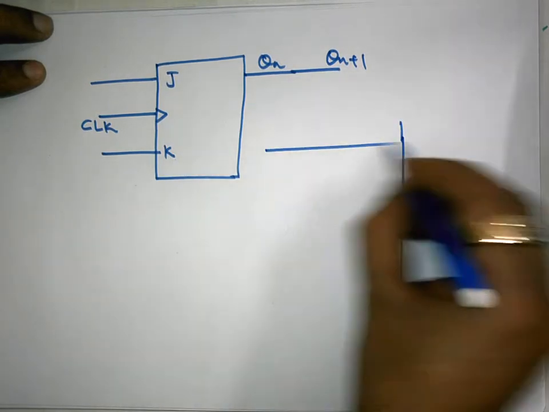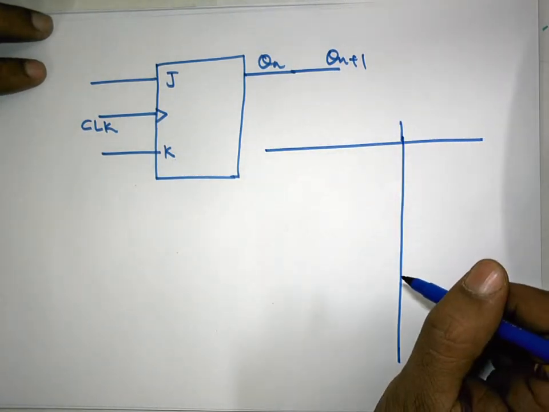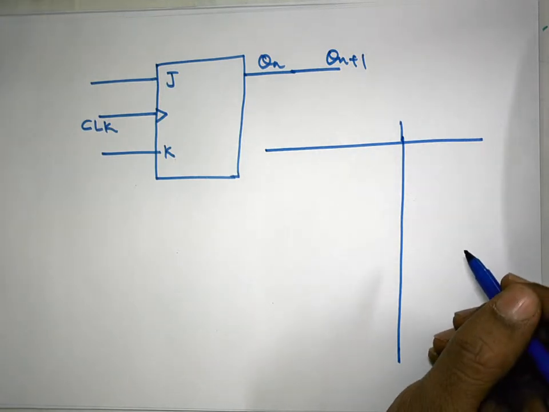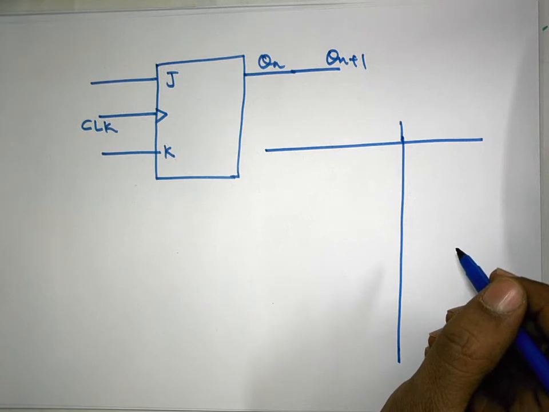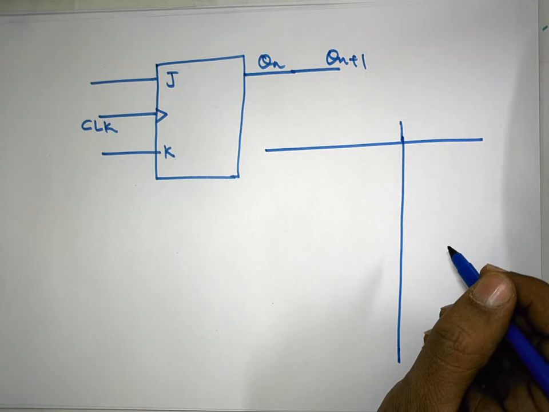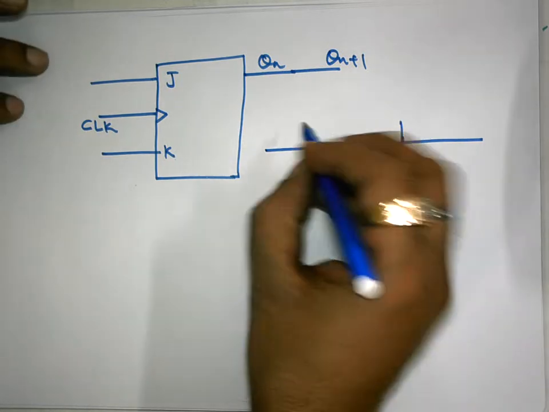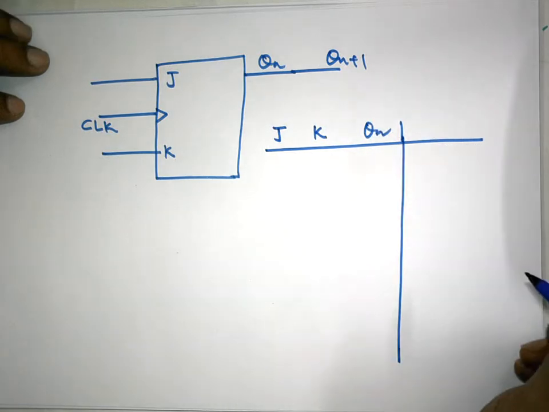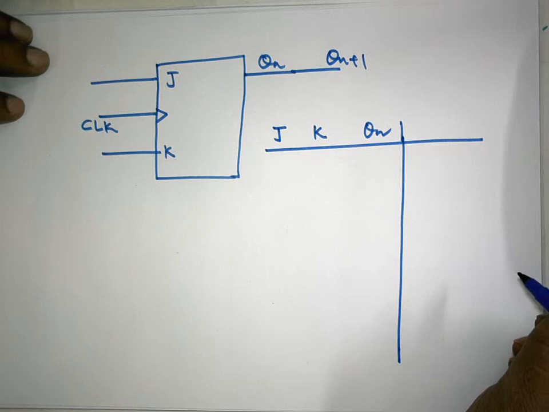I am going to write the characteristic table for JK flip-flop. We have already written the characteristic table of SR flip-flop and D flip-flop, and we have derived the characteristic equation for SR flip-flop and D flip-flop. So while writing the characteristic equation, we will consider only 3 input situation, J, K and Qn, because Qn is fed back as an input.